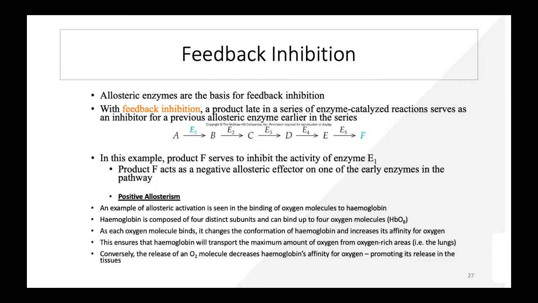Each oxygen molecule makes conformational changes to hemoglobin and increases the affinity for oxygen, so that hemoglobin can transfer the maximum amount of oxygen from oxygen-rich areas, that is the lungs. Also, the release of oxygen molecules increases as the hemoglobin affinity for oxygen decreases in the tissues. So both things are possible.